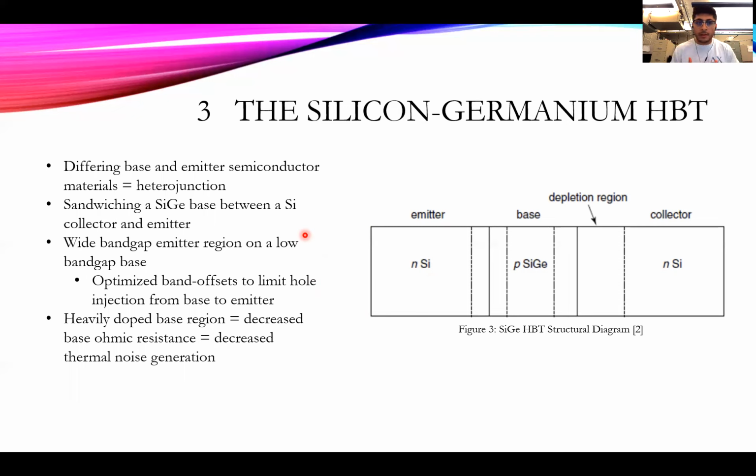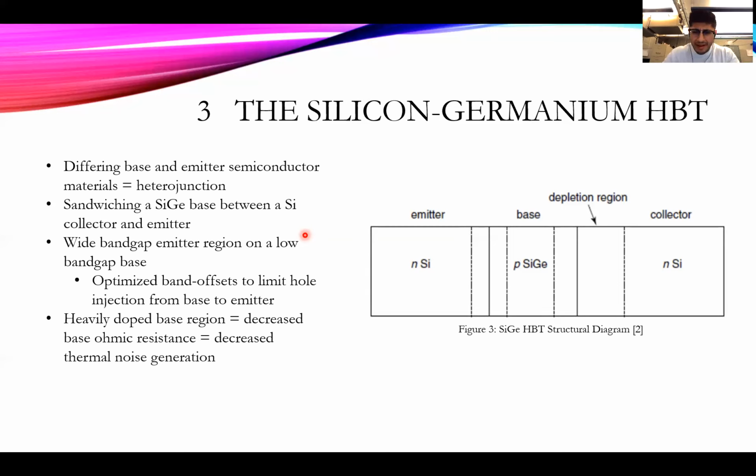What this allows us to do is optimize and vary our band offsets, our Fermi levels, as well as our conduction and valence band offsets, such that we can limit hole injection and maximize electron injection, specifically diffusion. In an NPN, the main current type for electrons is diffusion current.